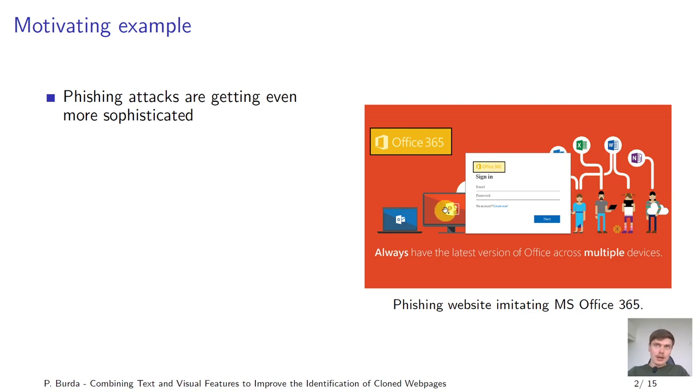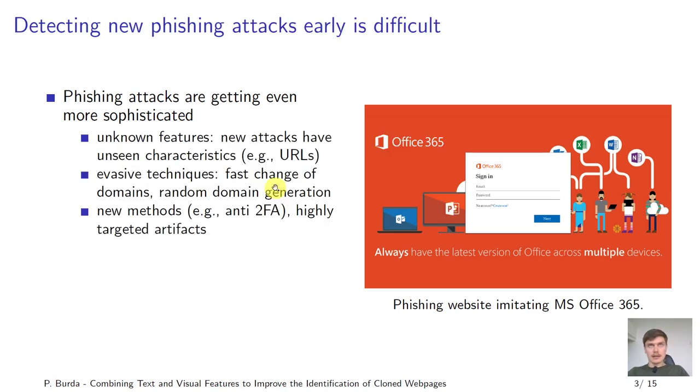So there are also other things like, as already mentioned, the unknown URLs and the fact that attackers use evasive techniques like randomizing domains or changing them in a fast manner. And also mass phishing has been attempting to bypass two-factor authentication, and mass phishing that is personalized towards the victim is possible as well.